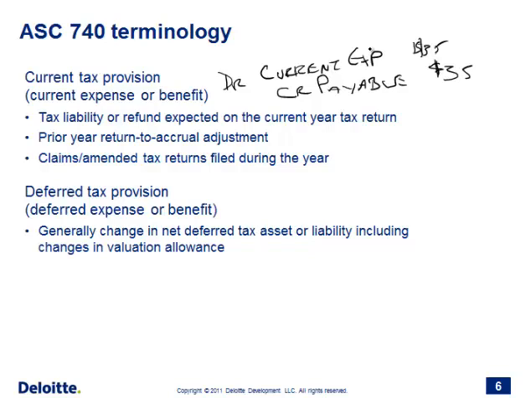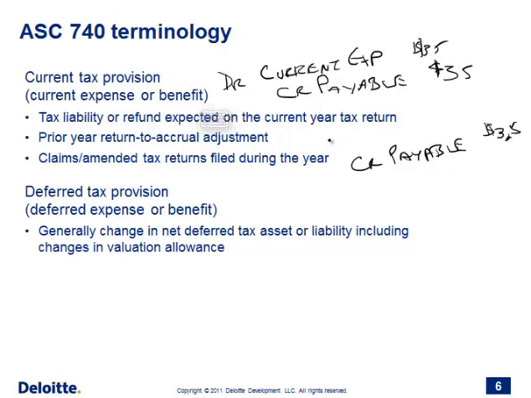So if I was trying to account for that fact, the first thing I would do in my example is I would say, okay, the current expense is actually going to go up, right? Because if I have to add back that book expense for the bad debt reserve, meaning I can't deduct it yet, so even though books deducted it, I can't. So my tax is going to go up by 3.5, so $10 times 35%.